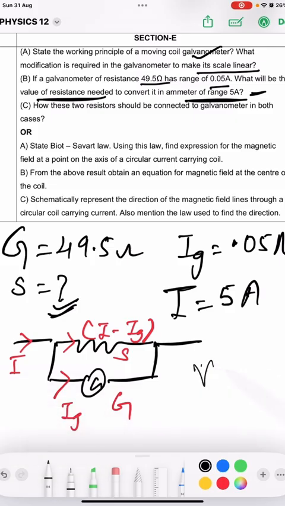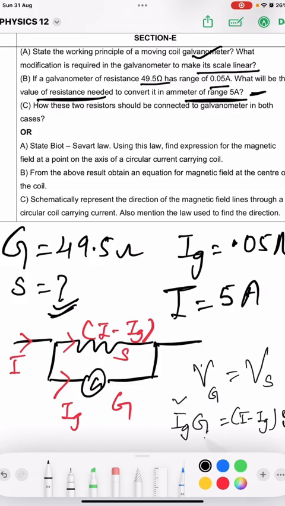That is voltage, because they are in parallel. So put voltage equal. Voltage across galvanometer is equal to voltage across shunt. Voltage across galvanometer is current through galvanometer into its resistance, and through shunt, it is current through shunt into shunt resistance. So everything is there with you. Ig you have, capital G you have, I you have. So you can put and find out the value of shunt.